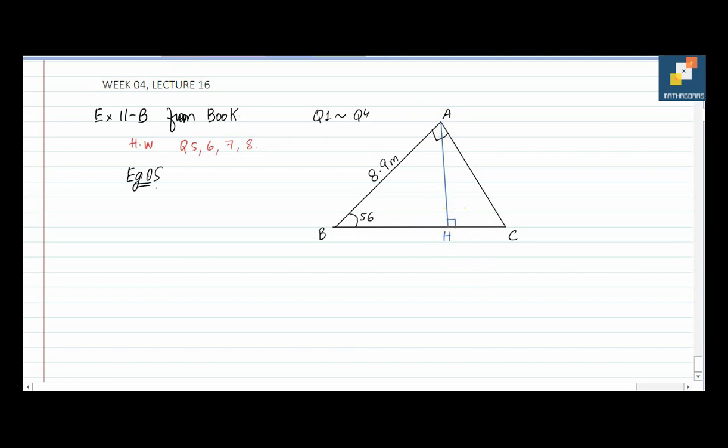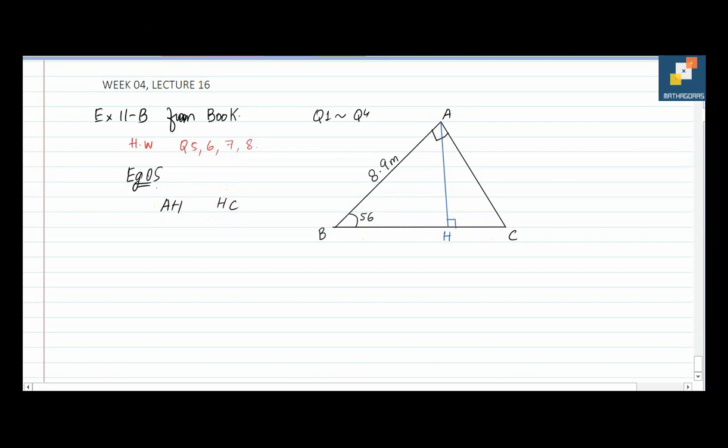So it says in the question, in triangle ABC, AB is 8.9, angle BAC is 90, angle ABC is 56, H lies on BC such that AH is perpendicular to the length BC. You need to find the length of AH and the length of HC.